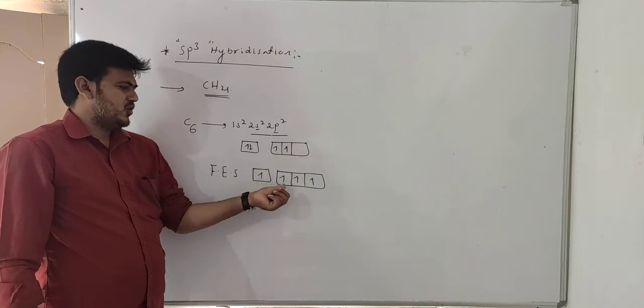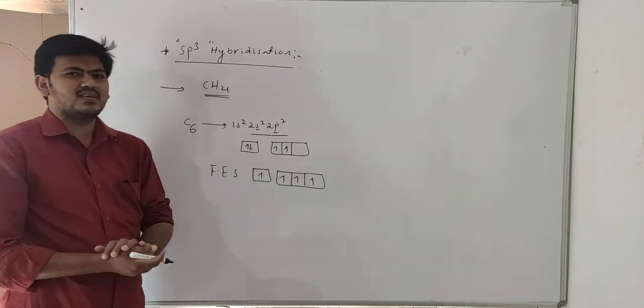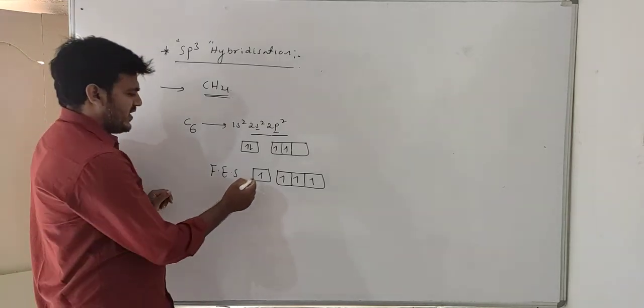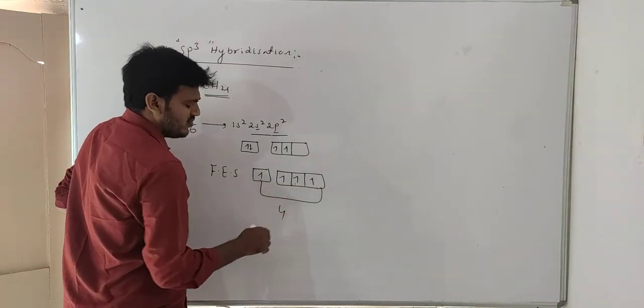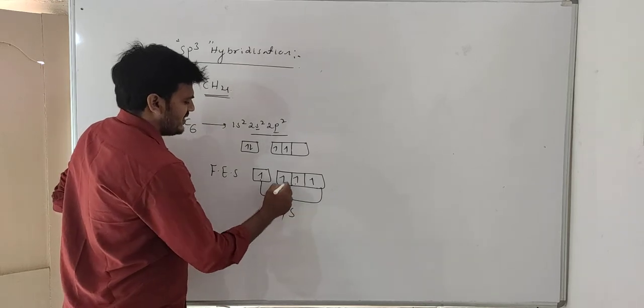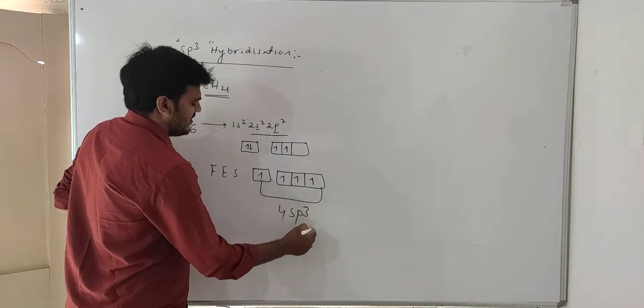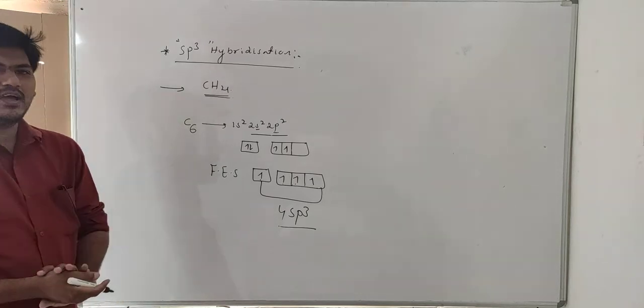So we get 2s1, 2px1, 2py1, 2pz1. So 1 s orbital and 3 p orbitals. 1 plus 3, 4. So 4 moles of SP3 hybrid orbitals.